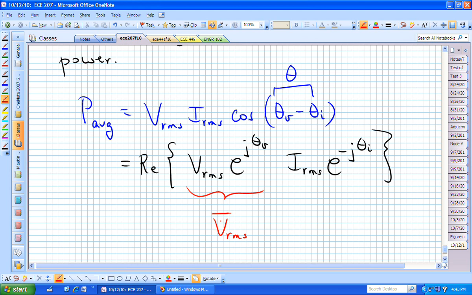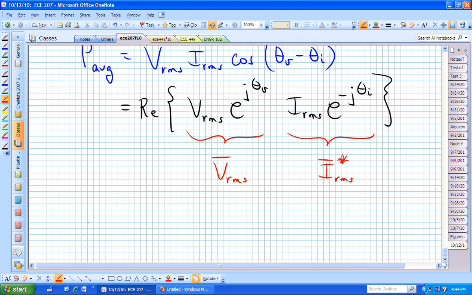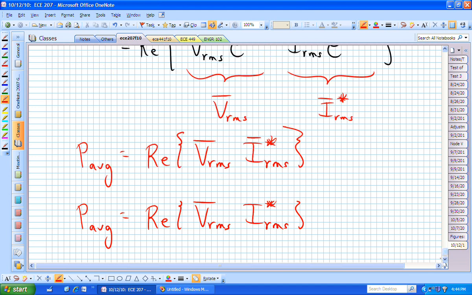If I tried to do the same thing here, IRMS should have an e to the j theta sub I. If I want to actually end up with minus j theta sub I, I need to take the complex conjugate of that current. Meaning now, if I want the average power, another way that I could think of it would just be to take the real part of my voltage in RMS times the conjugate of my current RMS phasor, and I have my real power or my average power.